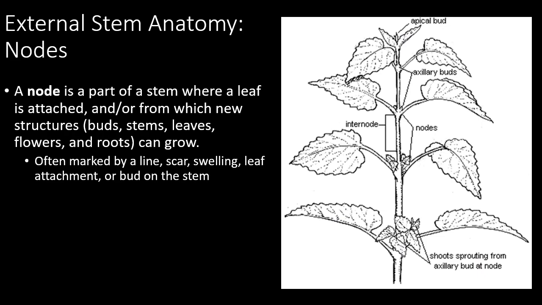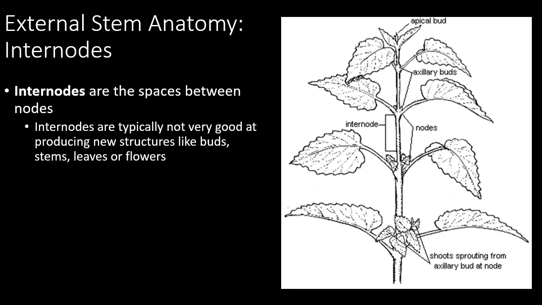They're often marked by a line, scar, swelling, the attachment of a leaf, the presence of a bud. If there's something happening on the stem at that spot, it's probably a node. Nodes are significant because all new development occurs from a node. You can't grow new tissues from a place that isn't a node.